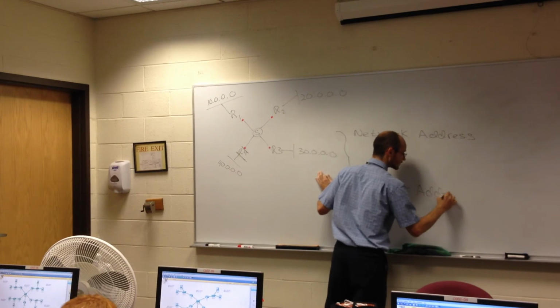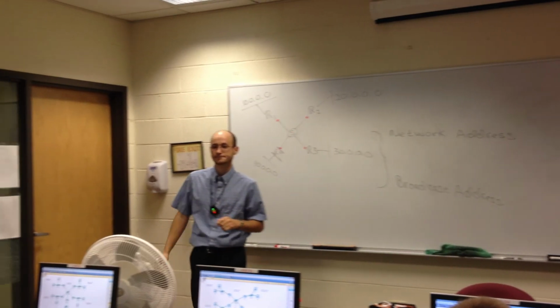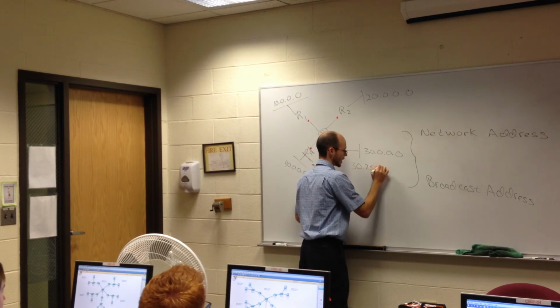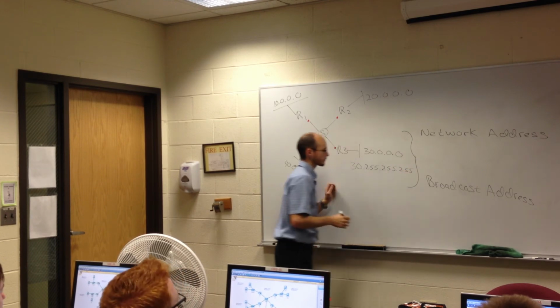Does anyone want to take a guess what the broadcast address is for this network? 30.255.255.255. Guess. Andrew, how'd you come up with that? Because it's all ones. What is all ones?